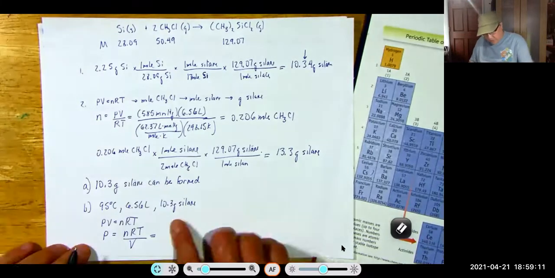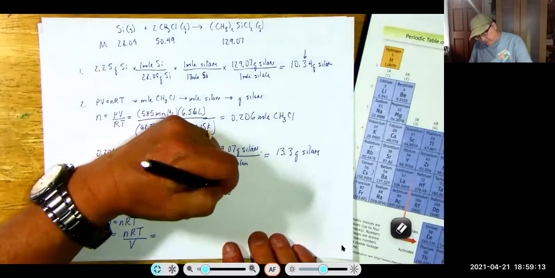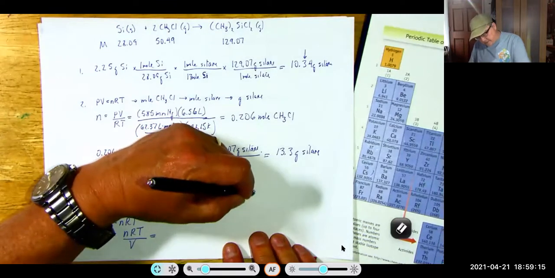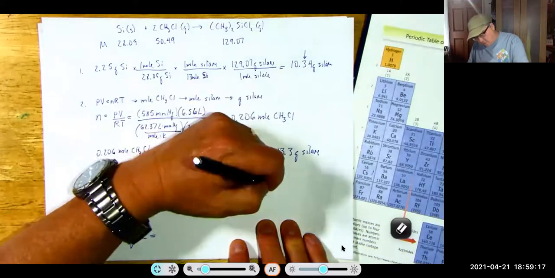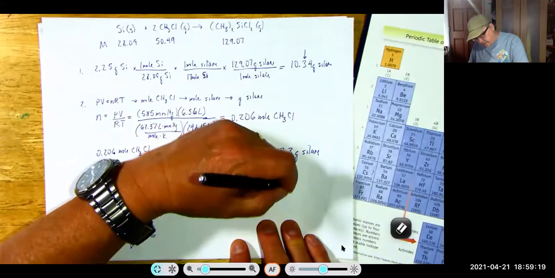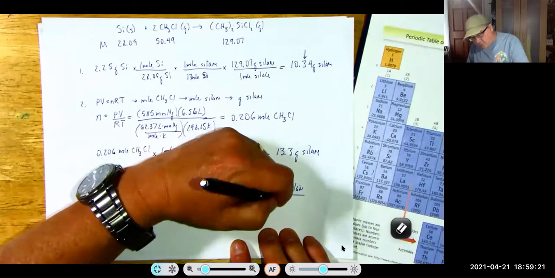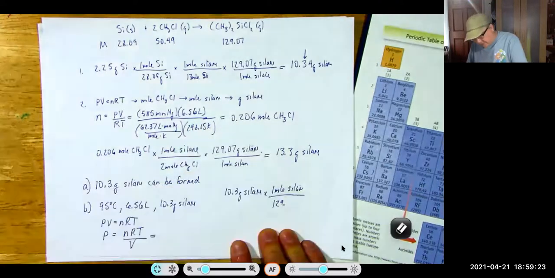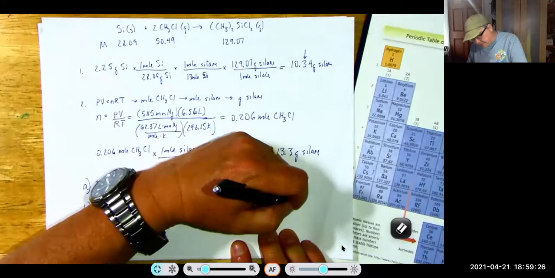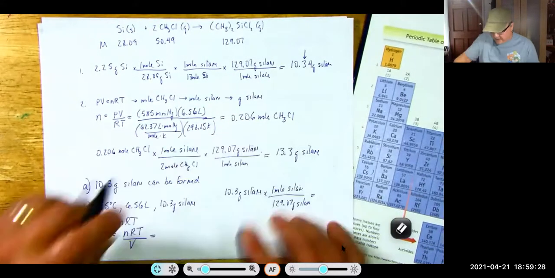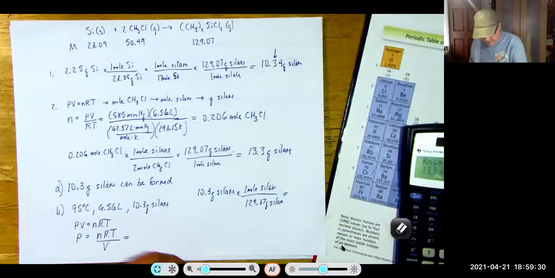Now to get the moles, we're going to say 10.3 grams of silane times 1 mole of silane per 129.07 grams of silane. And that'll give us how many moles of silane we have.